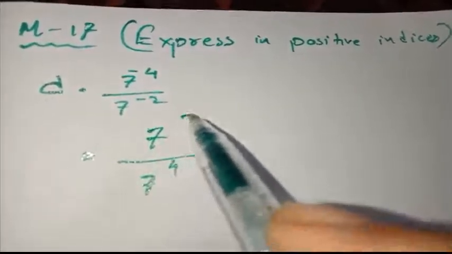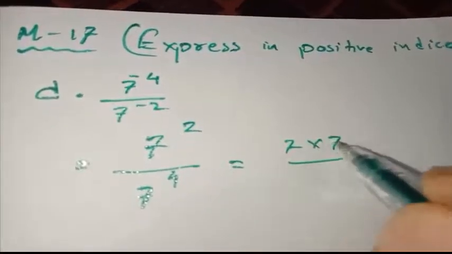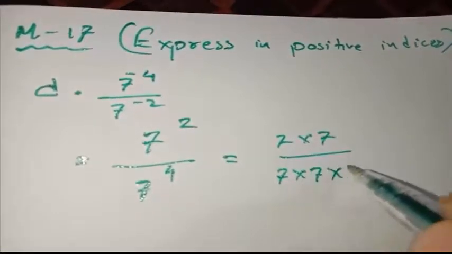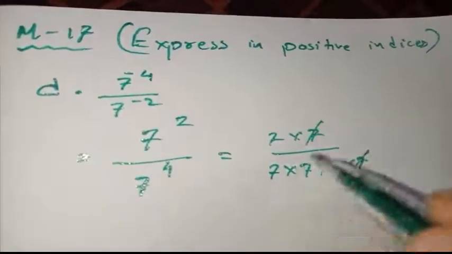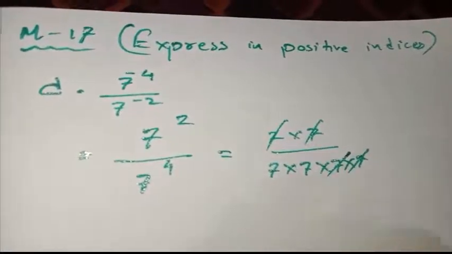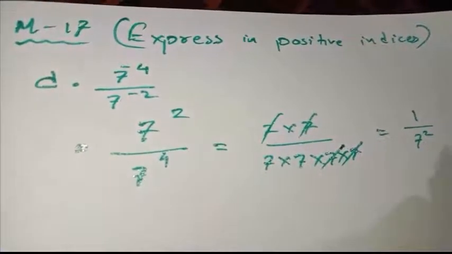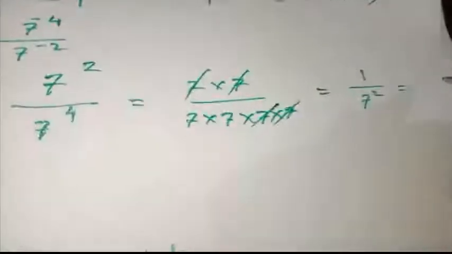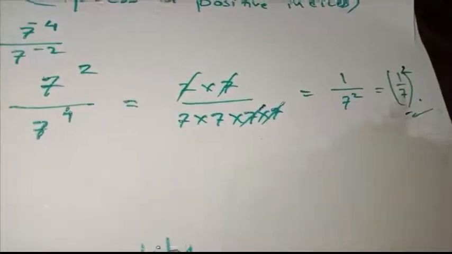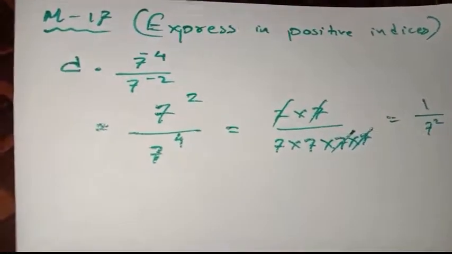But 7 square means 7 into 7, and 7 to the power 4 means 7 into 7 into 7 into 7. So 2 sevens from the numerator and denominator get cancelled out, and all we are left with is 1 by 7 square. Or we can write it like this also, 1 by 7 whole square. This is how you are going to solve all the questions of module number 17.